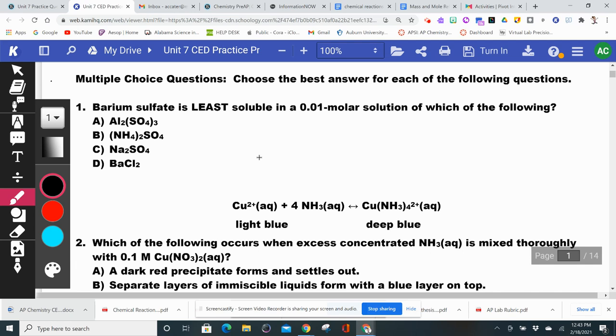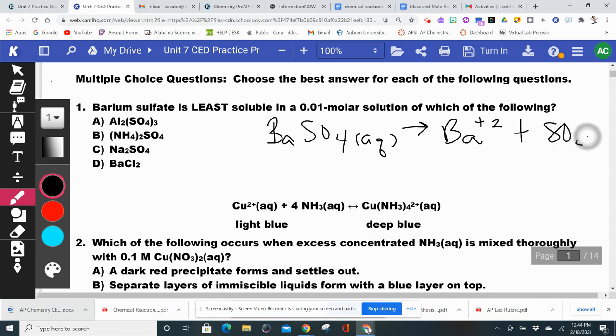Not a lot that we can see anyway, but even just a tiny little bit might split up into barium ions and sulfate ions.